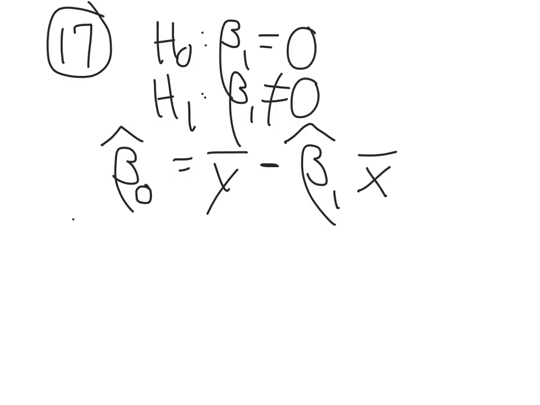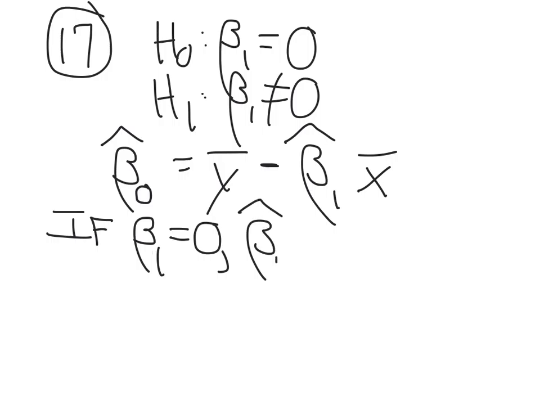Now, if beta 0, excuse me, my fault. Let me erase that. Okay, if beta 1, the population parameter, is equal to 0, then the estimate will also be equal to 0.